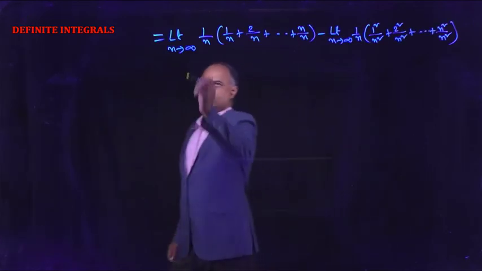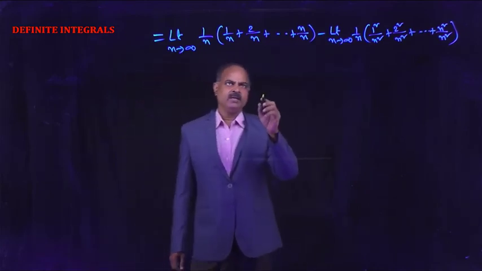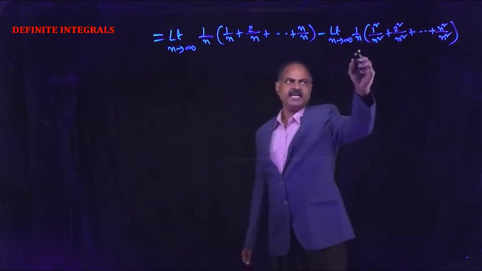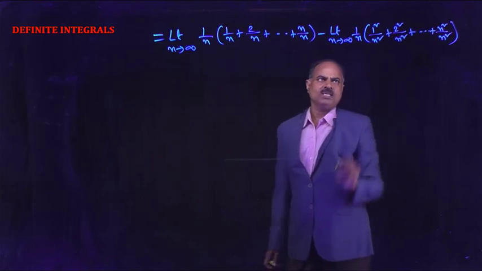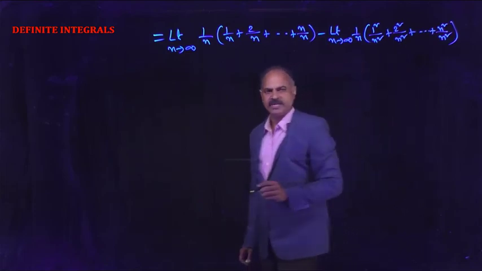Next, this is equal to limit n tends to infinity 1 by n into 1 by n plus 2 by n plus and so on plus n by n, minus limit n tends to infinity 1 by n into 1 square by n square plus 2 square by n square plus and so on n square by n square.